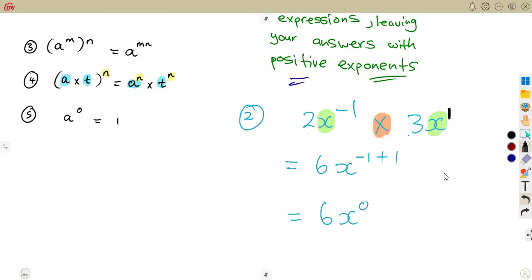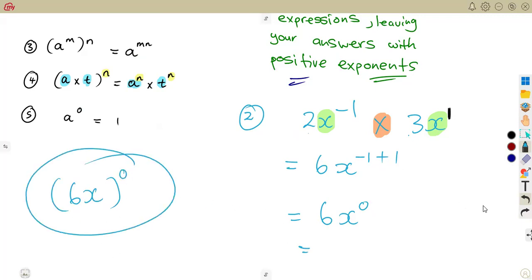There is a law which tells us that any number when raised to the exponent of 0 is 1. No, we have to simplify. Remember what I said, guys. This one is simply x that is raised to the exponent of 0. It's not 6. It's x. It's different from this one. Here, the whole bracket is raised to the exponent of 0, so it gives us 1.